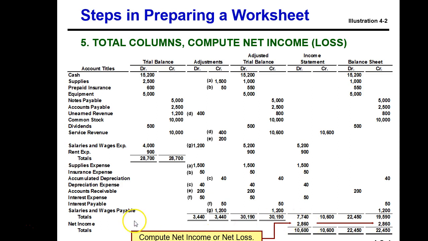One thing I've got to tell you is that depending upon whether you have net income or a net loss, you're going to write the words net income or net loss here under your account title section so that we understand whether this number represents a net income or a net loss. So this is how you complete all 5 sections of what's known as a worksheet. Okay? All right.